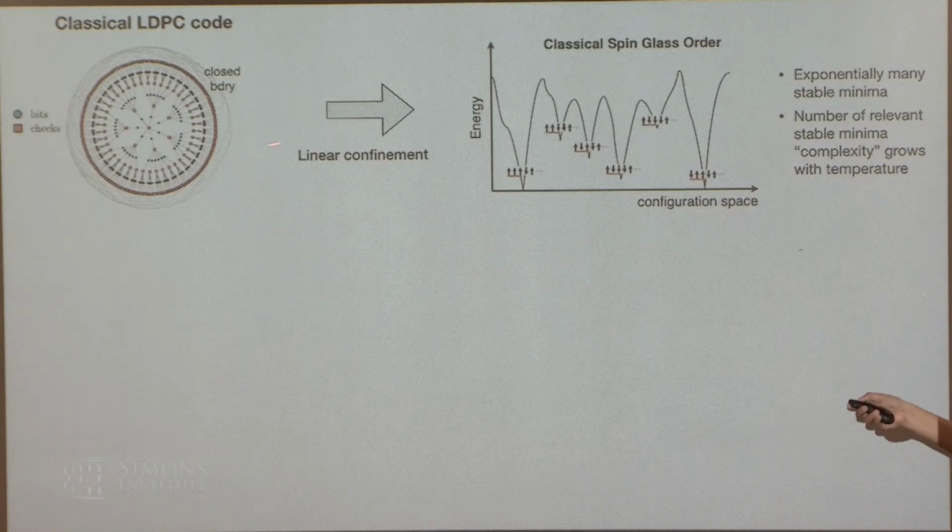Okay, so using a property called linear confinement, which I'll describe, you can talk about the landscape of these classical LDPC codes. So even for this problem, most of the literature that we found was focused on the ground state and the barriers around the ground state, and not really talking about the rest of the manifold, which we can do. Okay, so here you have again exponentially many stable minima, and the number of relevant stable minima grows with temperature.